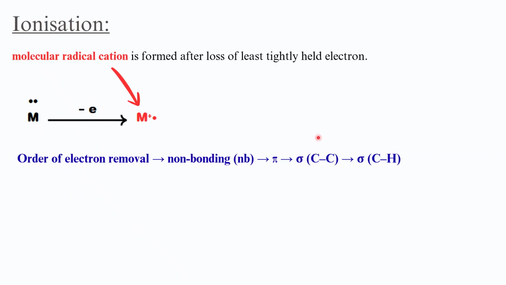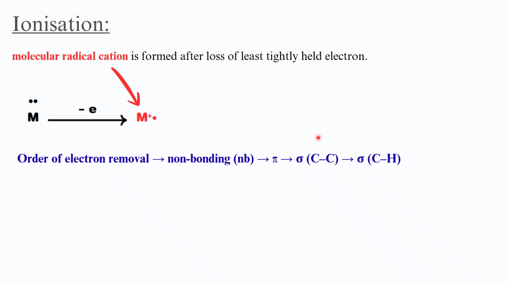Now, the next and the most important topic is ionization. From this slide onwards, we are completely understanding the ways by which we can easily determine or anticipate the fragments of any given organic compound.